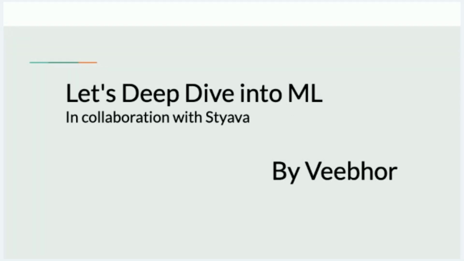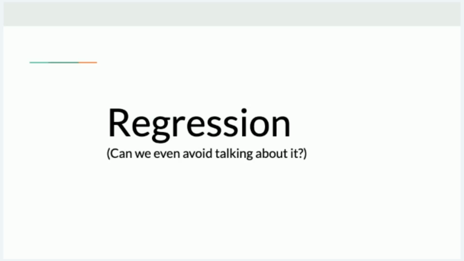Hi, guys. I hope you remember what we discussed last week. This week we'll go a little more into the theoretical part. It will correlate with whatever you have learned till now, but you'll need a little bit of maths and a little bit of visualization for this session. And our first topic will be regression, because how can we miss that?